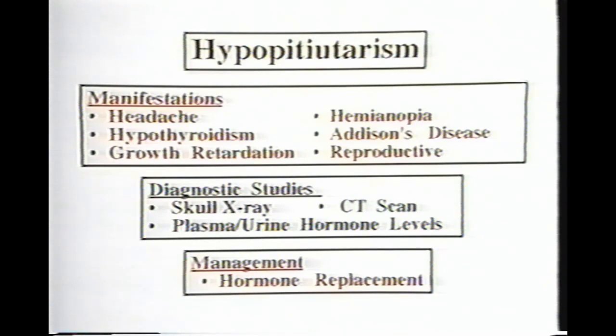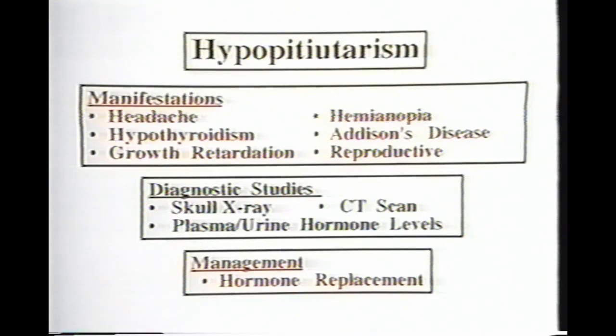In addition, we would probably see things like a headache. The patient would complain of a headache because there's a tumor. We might also see visual disturbances because the pituitary gland is located right near to the optic chiasma where the optic nerves cross.